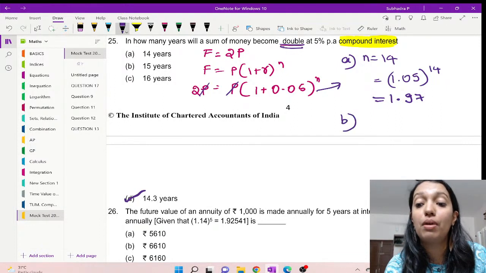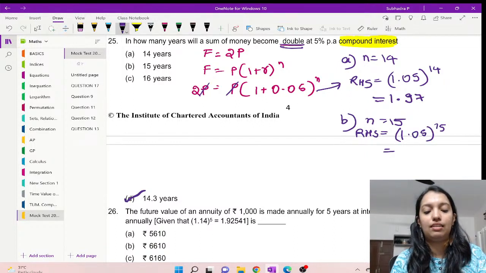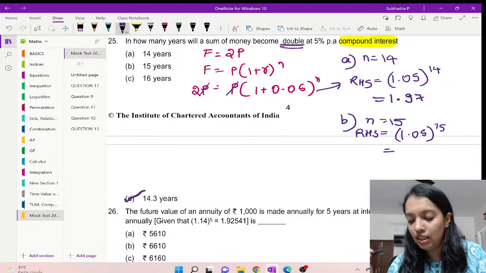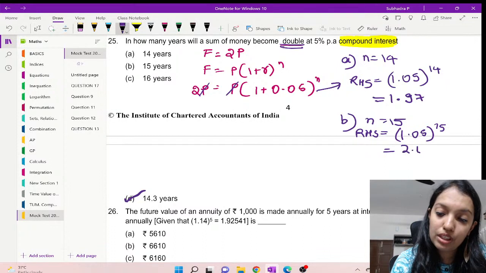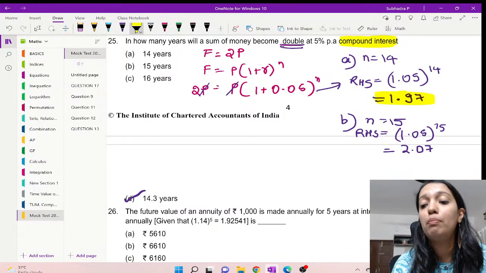Let's go for option B, which says n could be 15 years. So take your RHS, 1.05 whole to the power 15. So take in your calculators, just press one more time the equal to button. You will get your answer. I got the answer as 2.07. I want exact 2. Here I got 1.97.